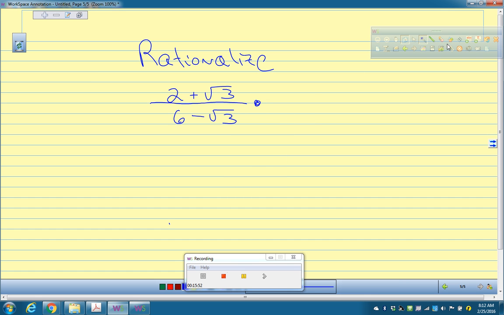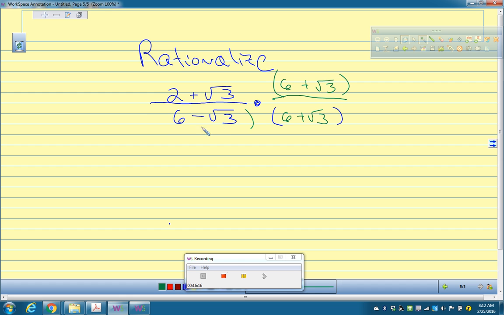So what you need to do is multiply the top and the bottom by what? You should know that. 6 plus root of 3, right? That's called the conjugate. You have to multiply the top and the bottom by the same thing.